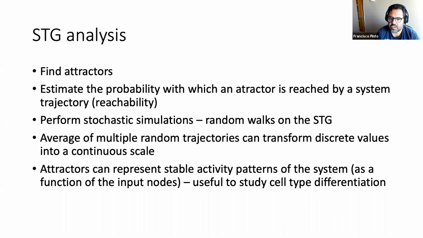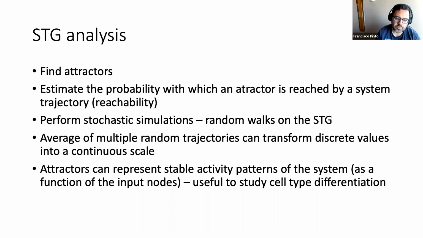And in those cases, you can study, depending on the input node values, what are the most likely attractors to be reached. So that's one of the ideas of using these models, is trying to understand which are the environments that lead systems to different cell states or to different differentiated states.